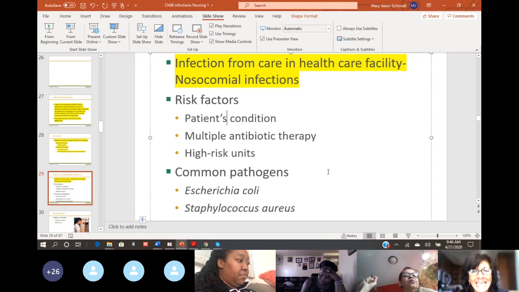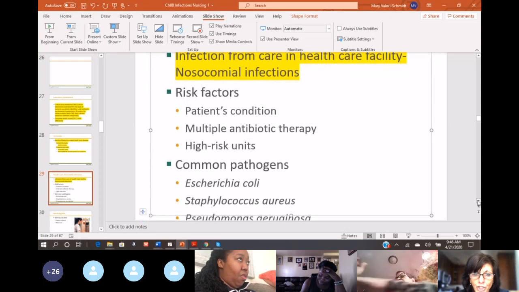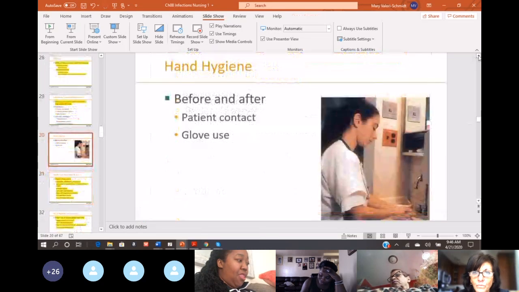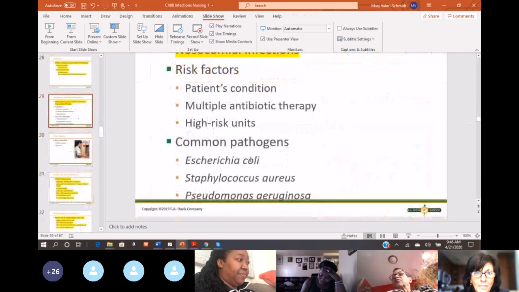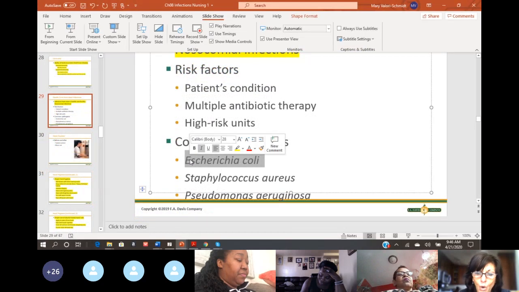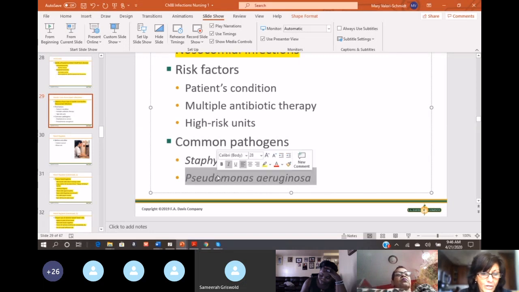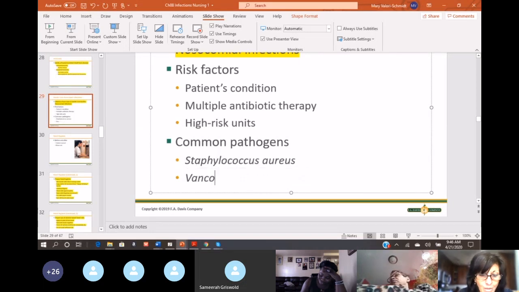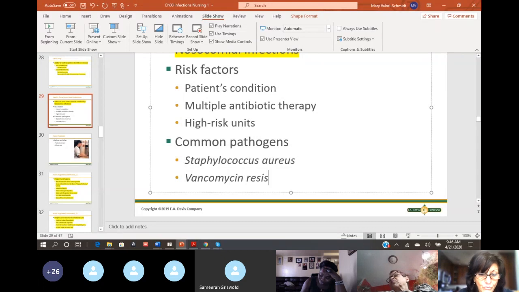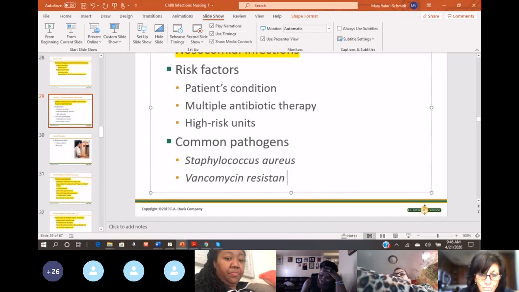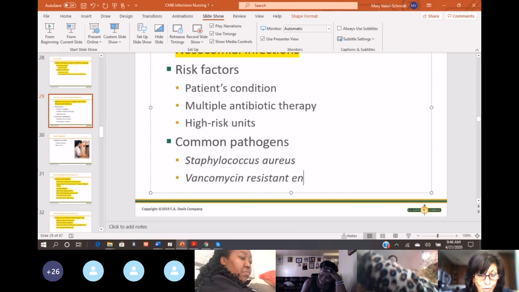okay? The most common pathogens that you see in healthcare facilities, and I'm actually going to change this. We are not going to get into E. coli just yet, but we are going to talk about Staph aureus, and we're going to talk about vancomycin-resistant enterococcus.